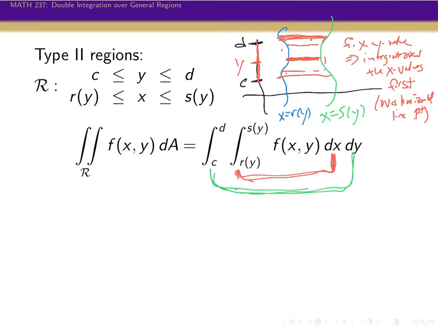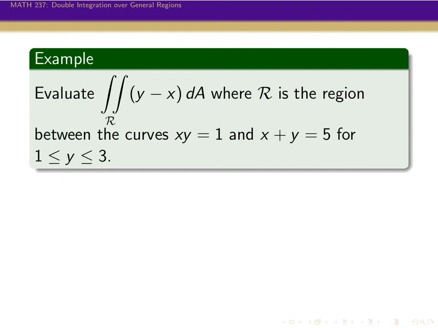And so because we're going to integrate y second, it's okay to have y values in the bounds here, because then when we do the second integral in terms of y, those are all going to be taken care of, and we're going to end up with an honest to goodness number. Okay. So let's do an example going through this.